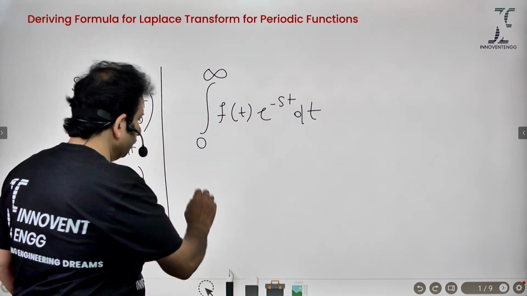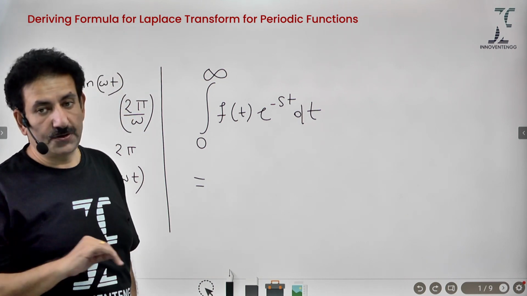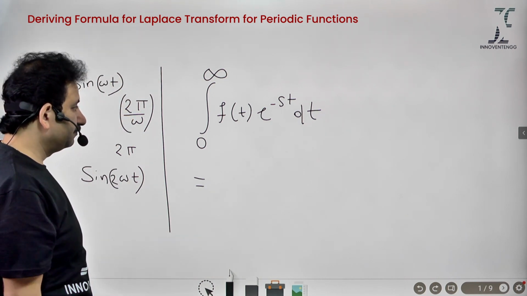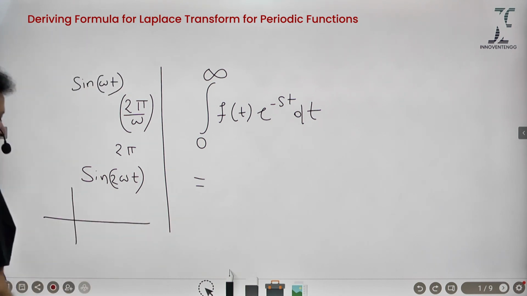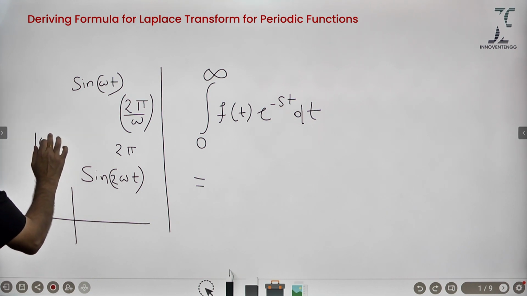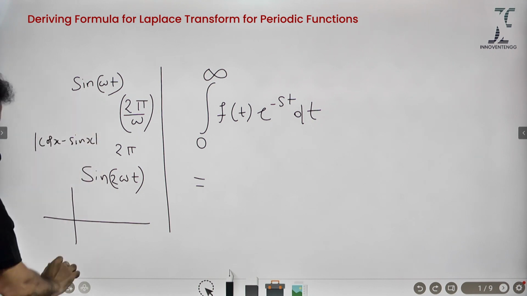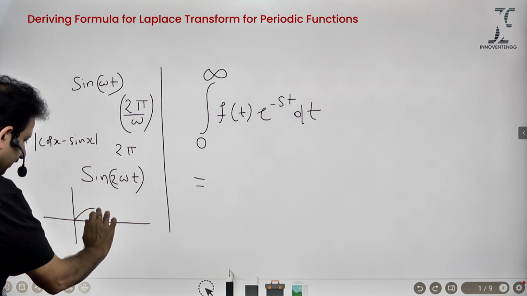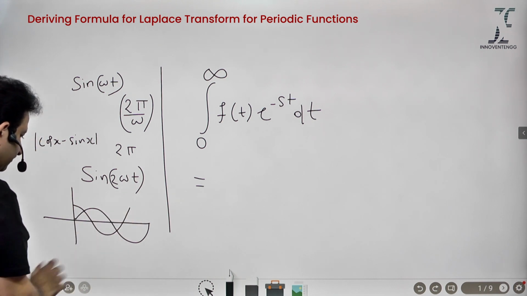And how do you do that? It is quite simple. At the pre-university level also you have done that for several functions. For example, if you are trying to get the area under the curve mod of cos x minus sin x, what you have is one sine wave and another cosine wave.